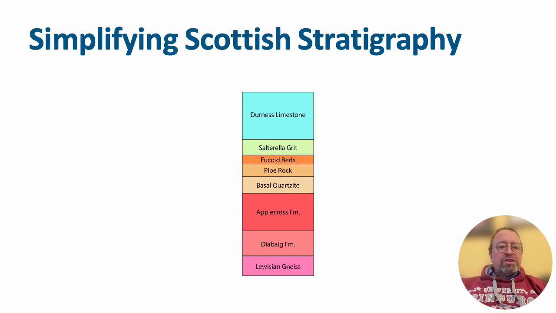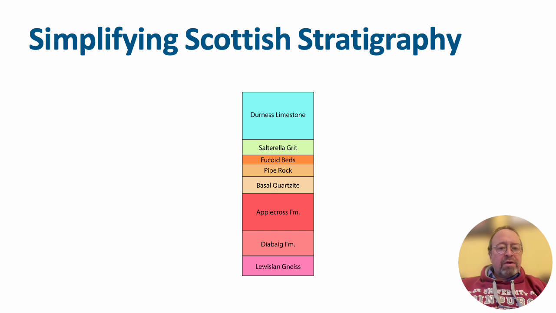An example of this comes from northwest Scotland that you'll see in the field this coming September. Here we have a sequence with basement gneisses at the bottom, and then a series of sandstones shown in red here, followed by quartzites, the so-called pipe rock, which is a type of quartzite, and then sandstones here, the Salterella grit. The fucoid is more of a limestone bed, and the Durness limestone right at the top of that.